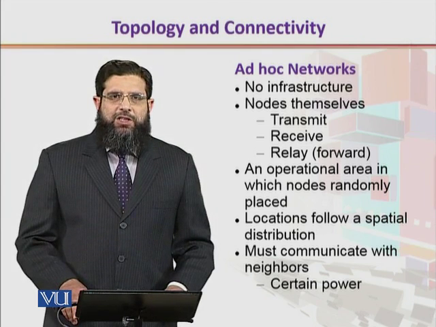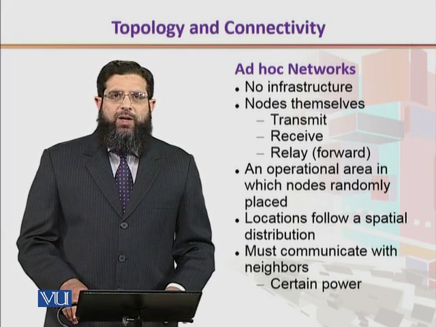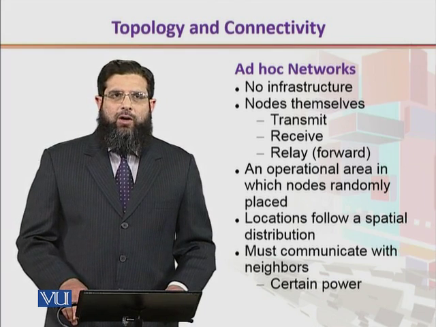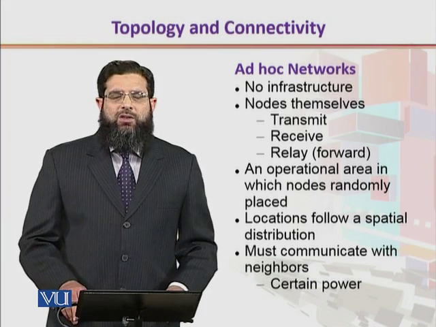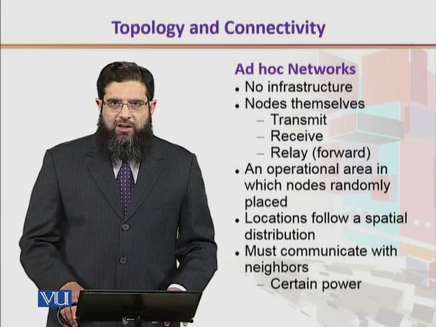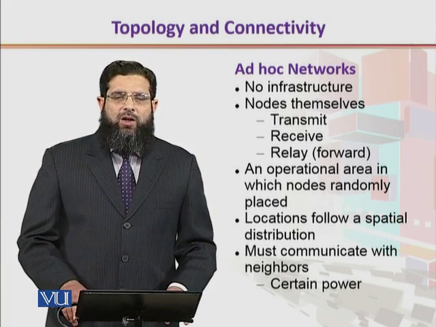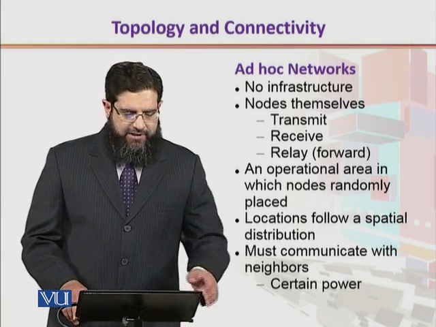It means since it is a random distribution in space, the nodes could be cluttered together, or the nodes could be highly sparse or thin in deployment. When these nodes are deployed, their primary objective is to establish a network with each other and to communicate. However, they need to communicate with their own transceiver constraints, especially the transmit power and the receiver sensitivity.